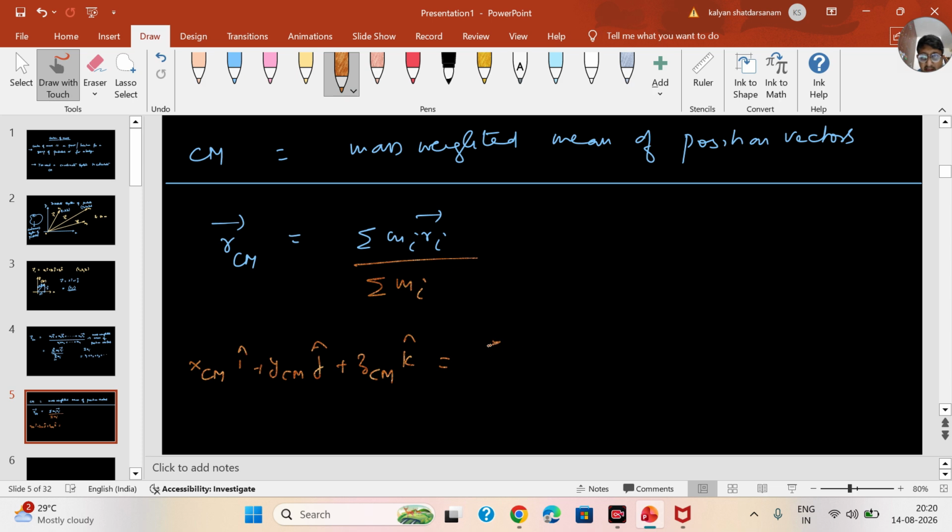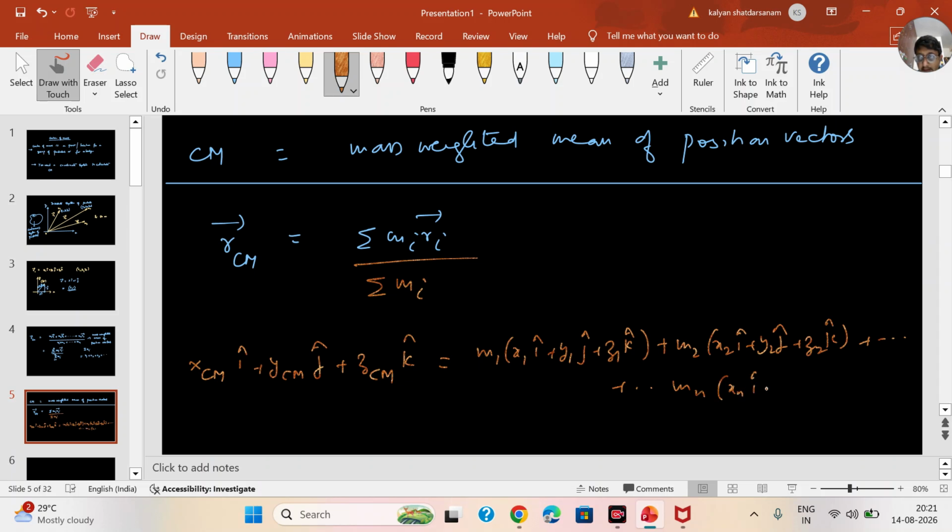Similarly, this numerator I can write as, instead of sigma, let me write completely, M1 into X1 i plus Y1 j plus Z1 k, plus M2 into X2 i plus Y2 j plus Z2 k, like this, Mn into Xn i plus Yn j plus Zn k, divided by total mass, which is M1 plus M2 and so on.